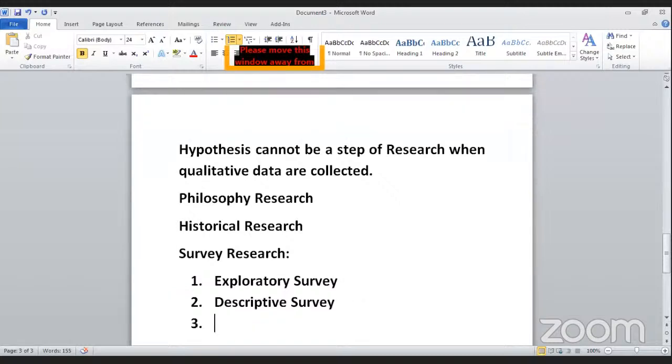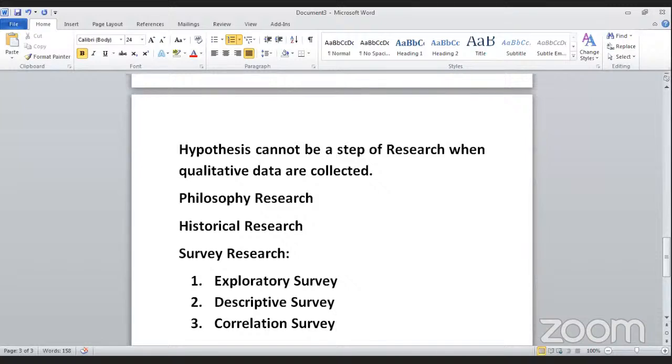Another is the correlational survey. Now you know the word correlation is a technical word and it is a statistical word. Another word is association.